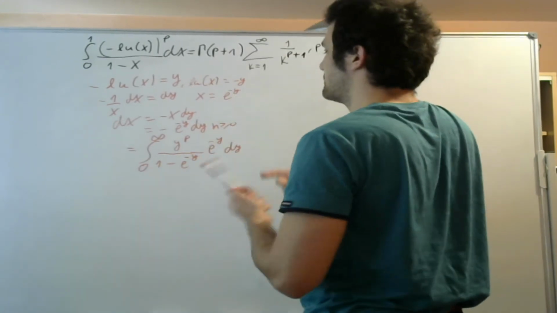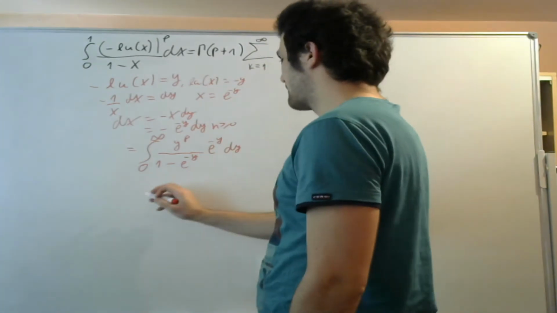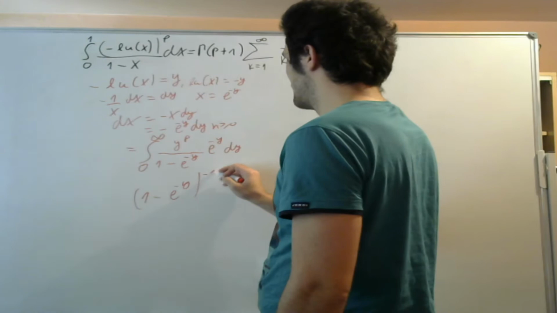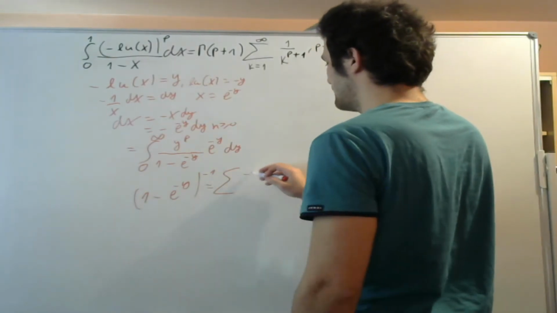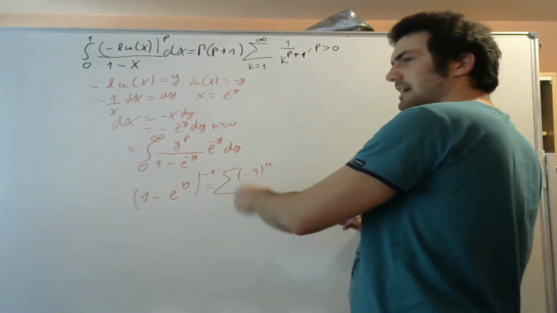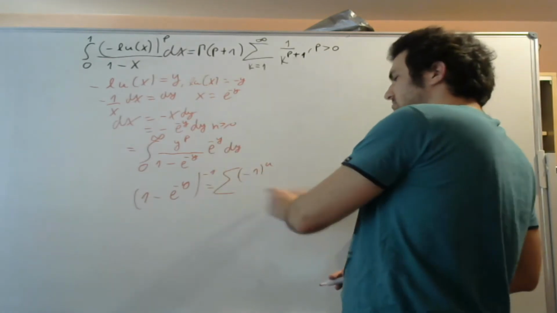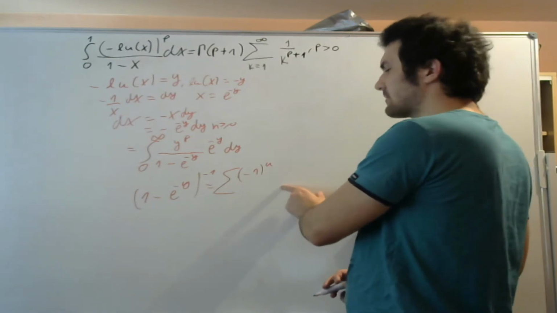I won't show the entire procedure because it will take too long, but I will write 1 minus e to the negative u, to the negative 1. When we put this in a summation, we will get minus 1 to the power of n. We will have minus 1 times minus 1, and so on, minus 1 to the n factorial divided by n factorial.